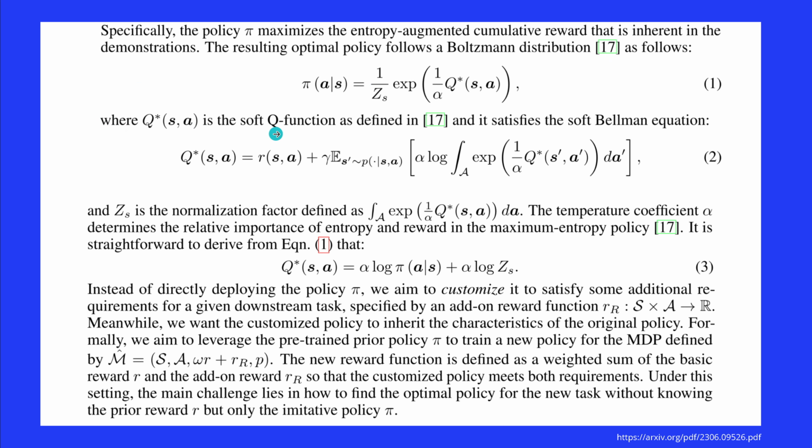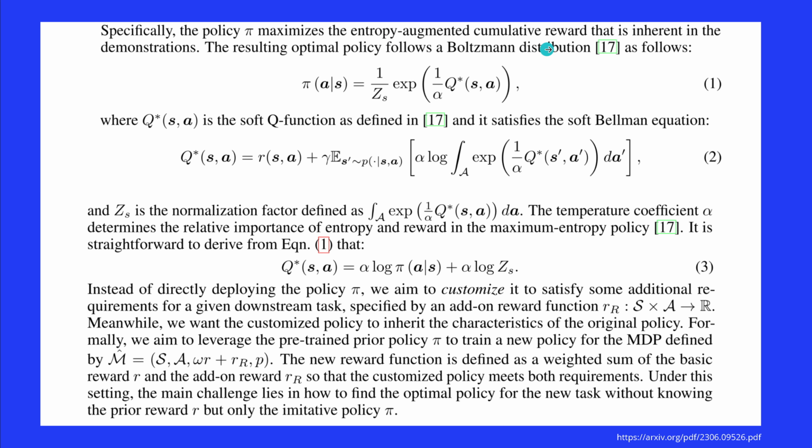And this is a particular soft Q function that satisfies the soft Bellman equation. And you will say immediately, hey, wait a second, this Bellman equation looks a little bit more complicated than the Bellman equation you showed us about five minutes ago. And yes, of course, this is now science. So if you have a PhD in theoretical physics, this is now the place to learn.